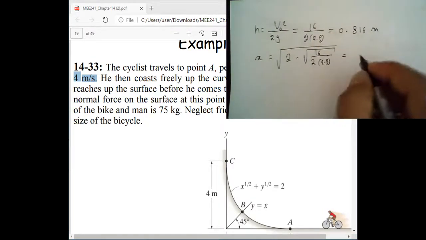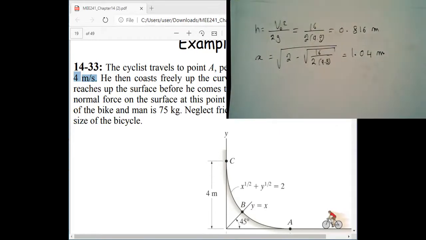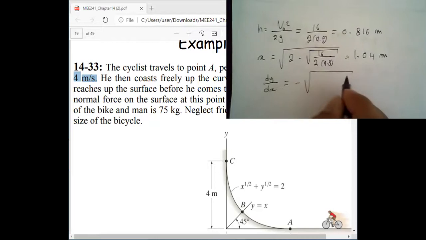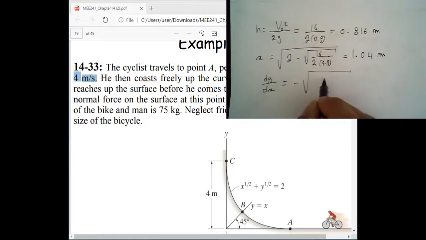Well, if you do this whole thing, then you end up with 1.04 meters. And back to d over dx, it's going to be equal to minus, we said what?